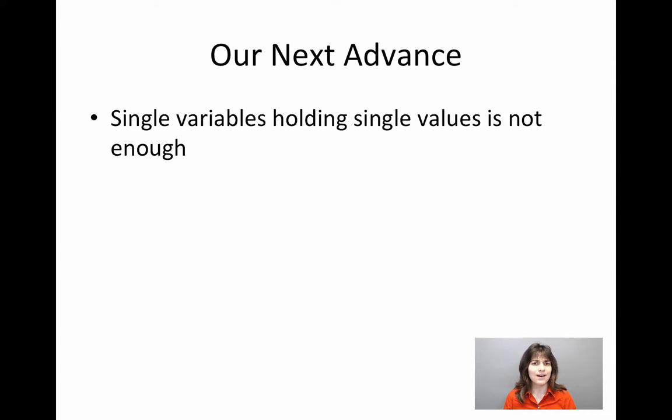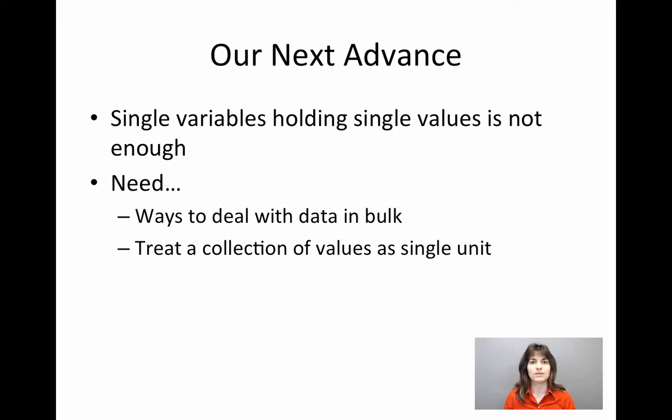Now, is that enough? Why would we like to have something more? We want to have something more because we want to be able to deal with problems on a bigger scale. So what are the kind of properties that we want to be able to have? We want to have ways to deal with data in bulk. What does that mean?